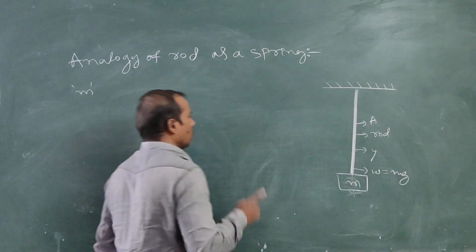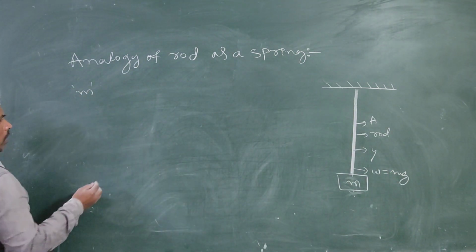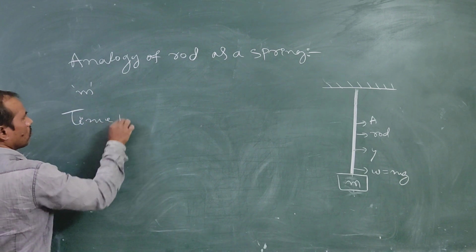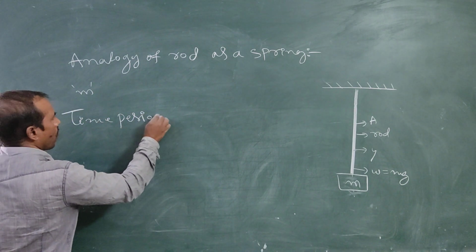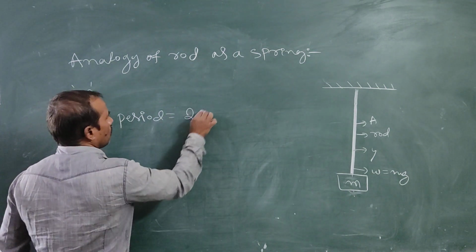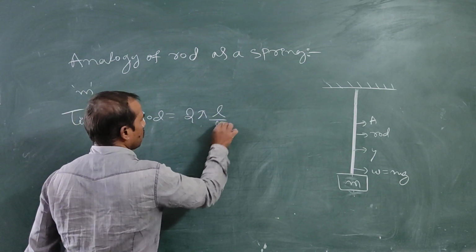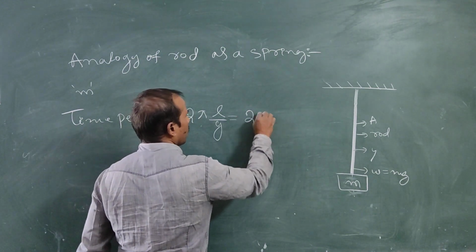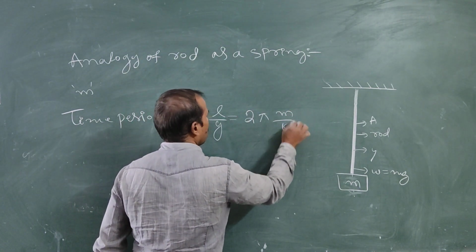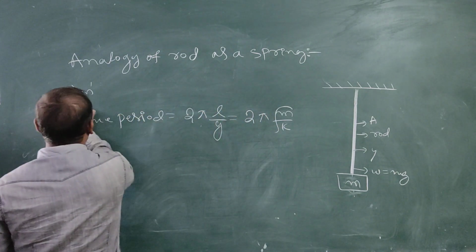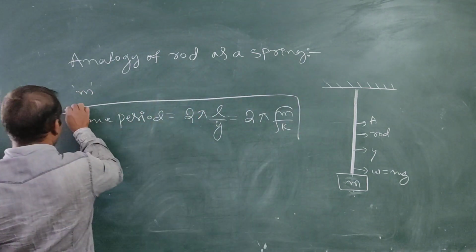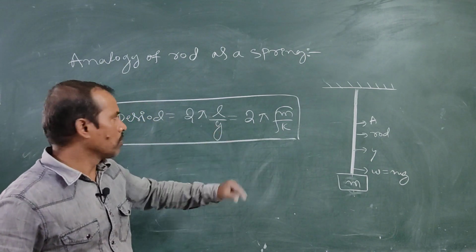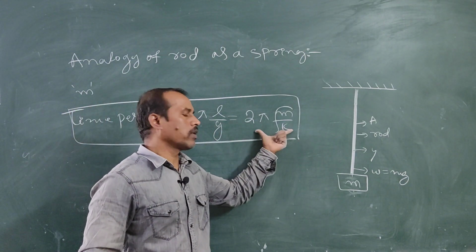Here according to the formula, the time period for a pendulum is 2 pi under root L by g, and according to a spring it is 2 pi under root m by k. This is the time period. The first one is taken for a string pendulum, and this one is taken for a spring.